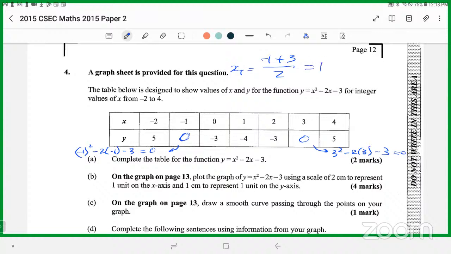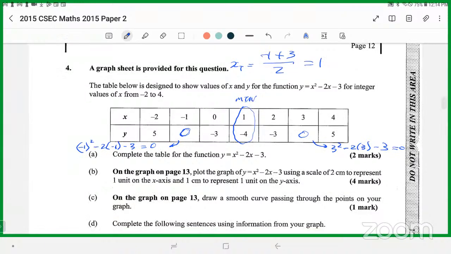So I do -1 plus 3 divided by 2 to get my xt value, the x value at the turning point. It's going to be equal to 1. So this is my axis of symmetry, and that's my minimum point: 1, -4. I don't have a calculator to find the mean, but it's given in the table.